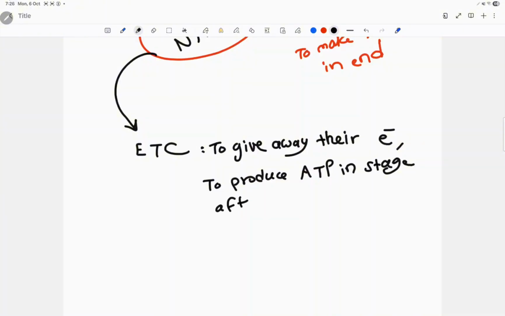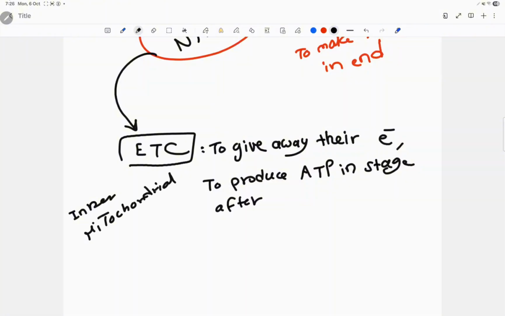Now, where does the electron transport chain occur in the eukaryotes? It occurs on the inner mitochondrial membrane.